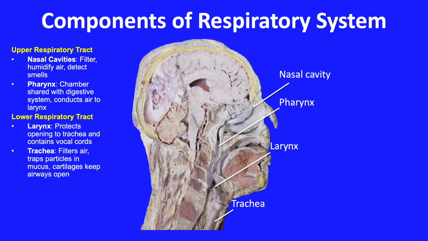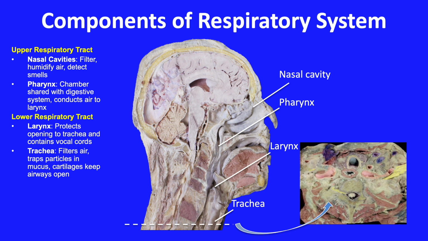The proximity of the trachea to the esophagus, that is, part of the digestive tube, is best appreciated in a cross-section of the neck. Slicing the neck in the axial plane, indicated by the dashed line, can produce a slice of the neck now shown on the right panel.